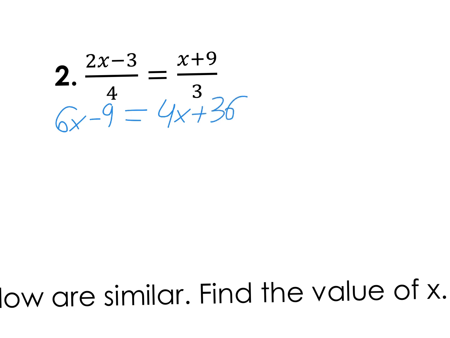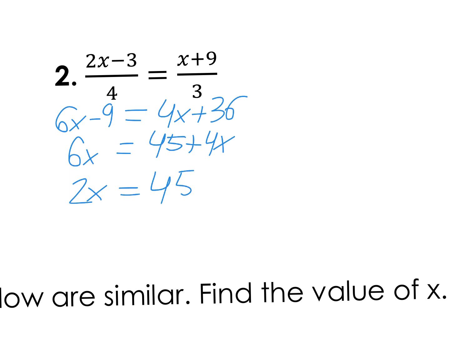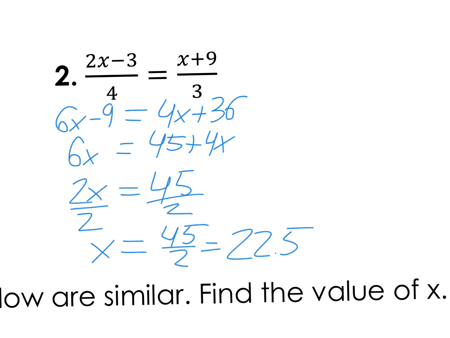I'm going to add 9 to both sides to give me 6x is equal to 45 plus 4x. Now I'm going to subtract 4x from both sides to give me 2x is equal to 45. Divide both sides by 2. x is equal to 45 over 2, which is the same as 22.5.